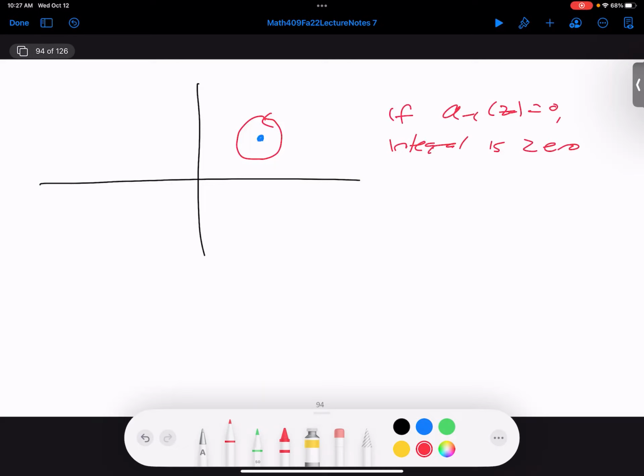So in particular, if I integrate a function that doesn't blow up along a closed curve, so for instance, let's say these are the places where my function blows up. If I give you as a curve a circle like this, the integral over that circle would be 0, because the -1 coefficient there is 0. Okay.